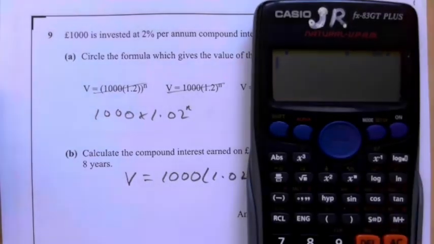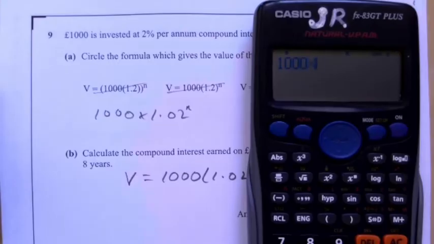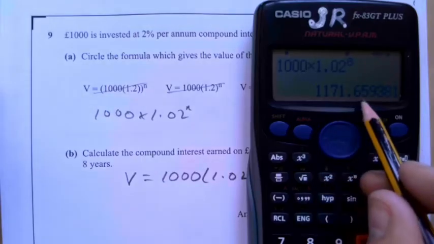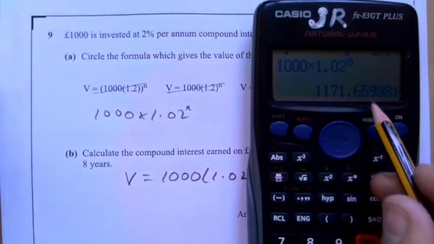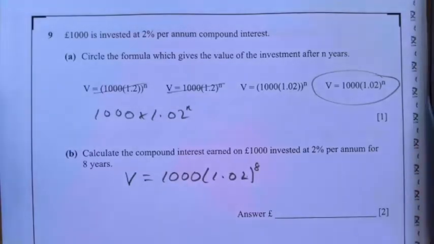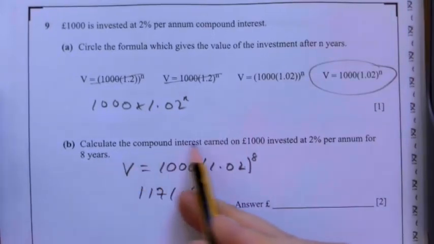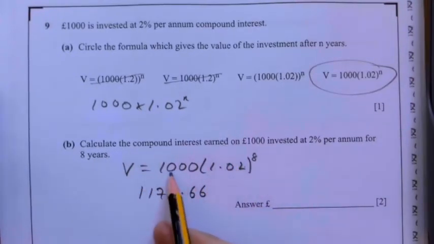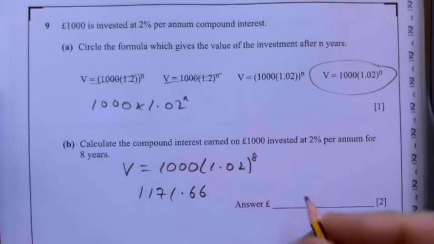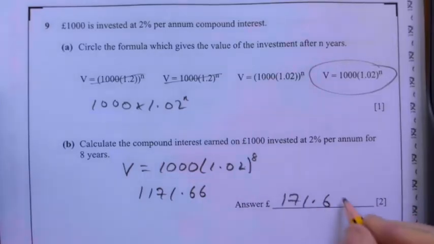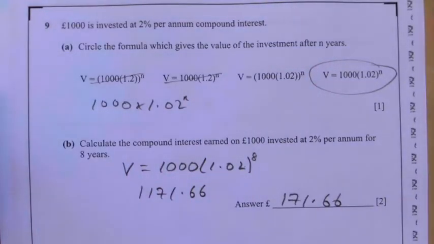That gives £1171.66. And calculate the compound interest earned, of course. So that's how much they have in the bank. So it's £171.66.